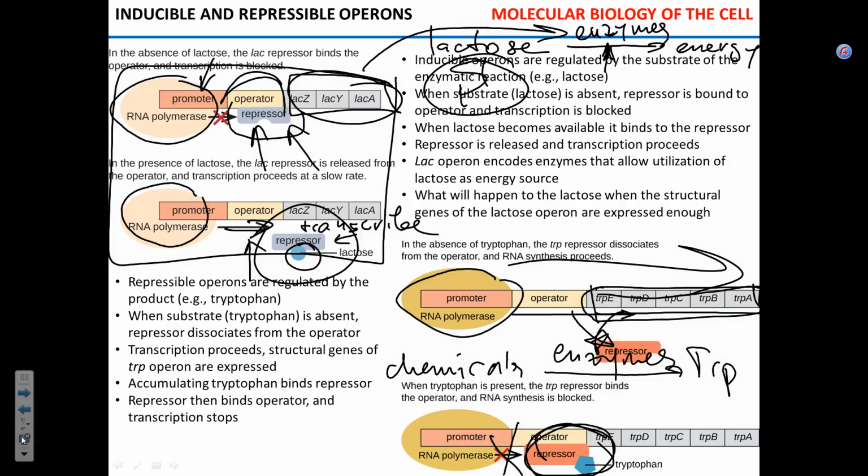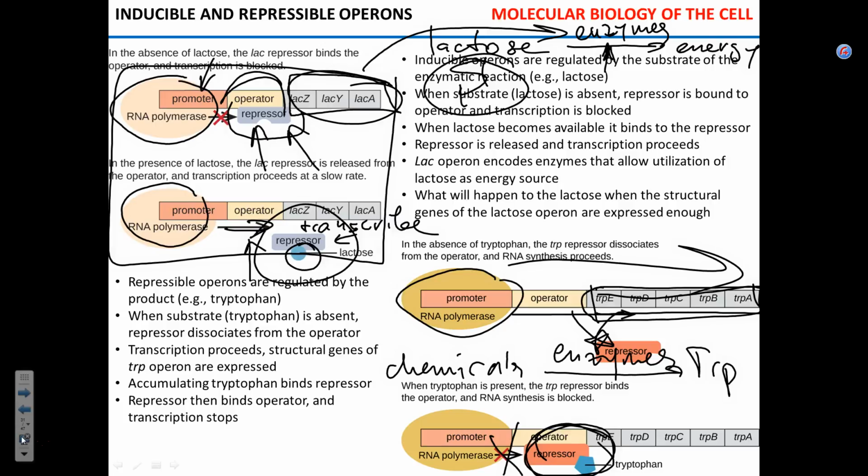So that's the entire topic, but you have to understand how these operons work. For riboswitches, all I want you to know is that it's on-off regulation of transcription and translation, and that the regulator is located in the mRNA. For operons, I will ask you what inhibits, what represses in repressible, what induces in the inducible.